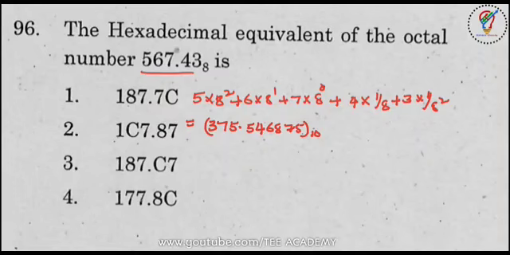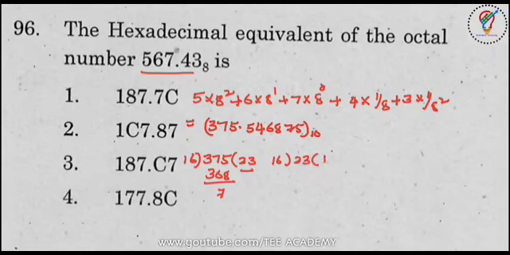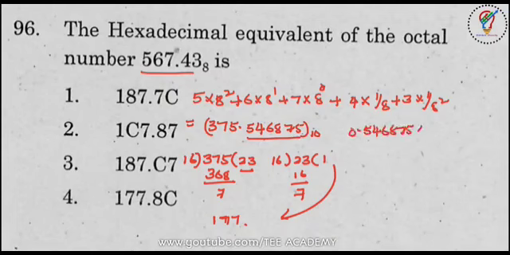So we will take the integer part as it is. 375 is divided by 16, because hexa means 16. 23 times 16 is 368, so the remainder is 7 here. Again we take 23 divided by 16, and we get a 1 and a remainder of 7. So in this way we get 177 here, point. Now for the fractional part, we take 0.546875 into 16 here.